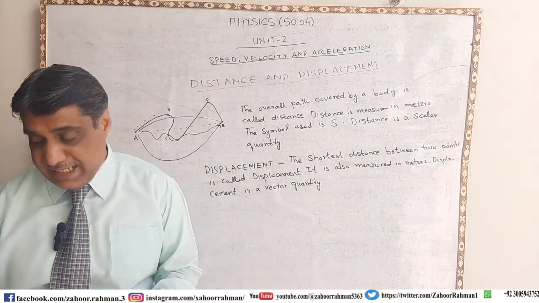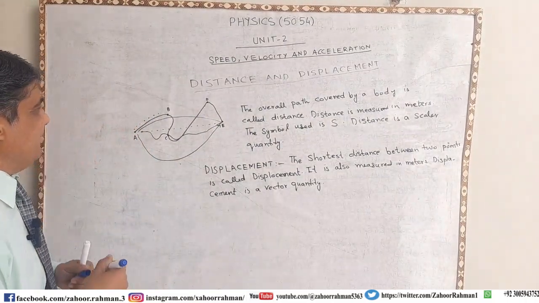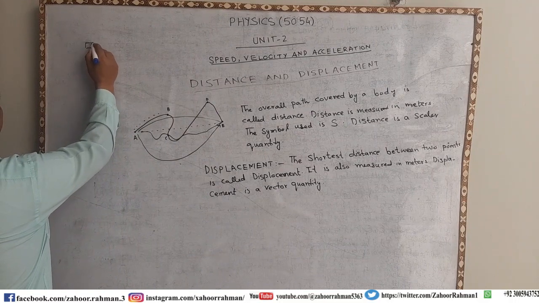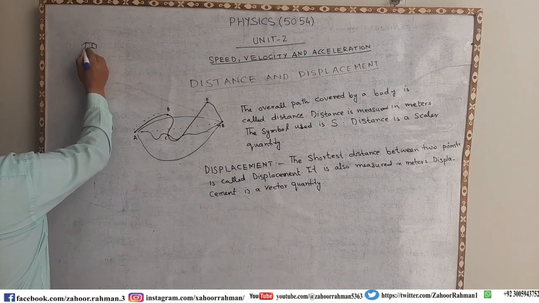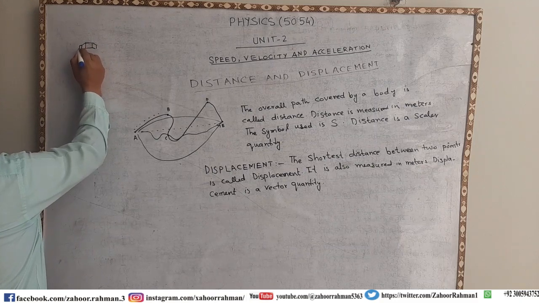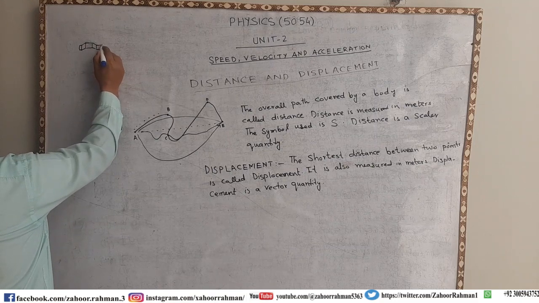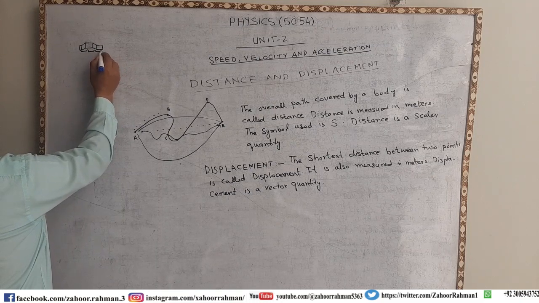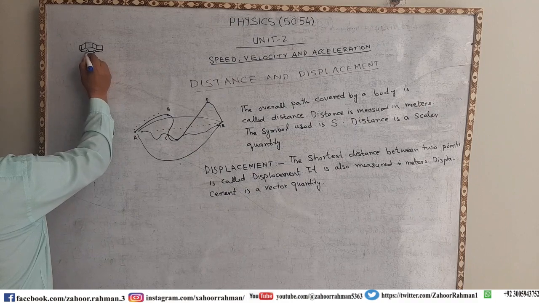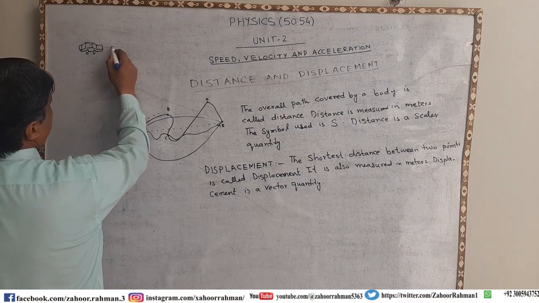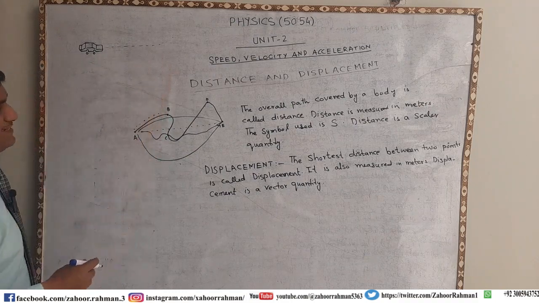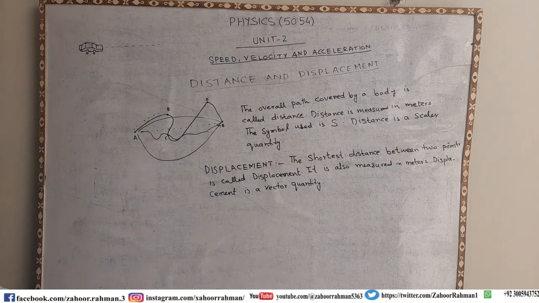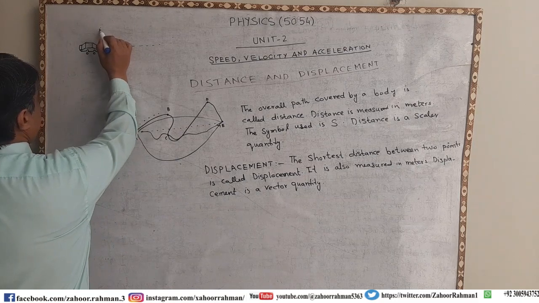Okay, why did I explain this? Because if there is a car and that car is starting from a point and covering a distance of 5 kilometers, for example.